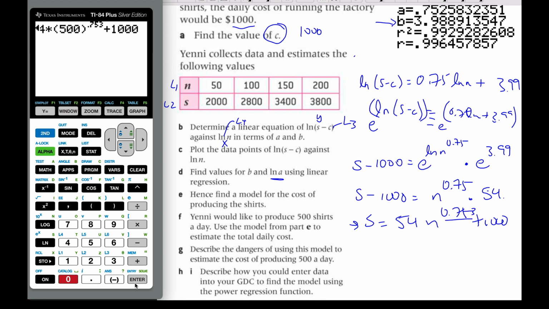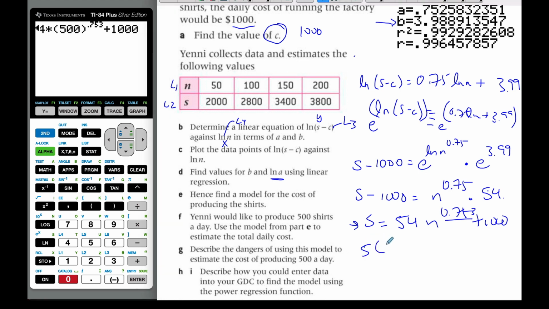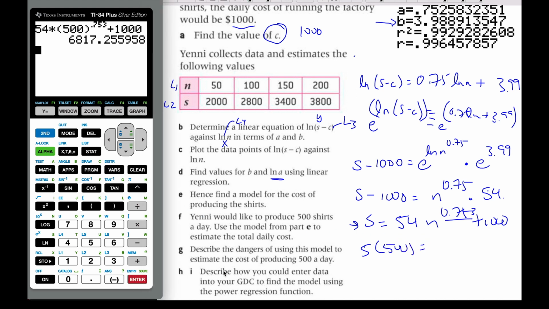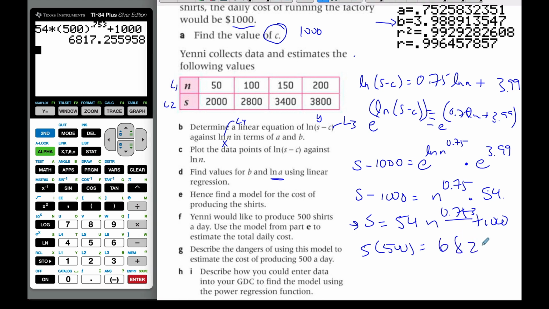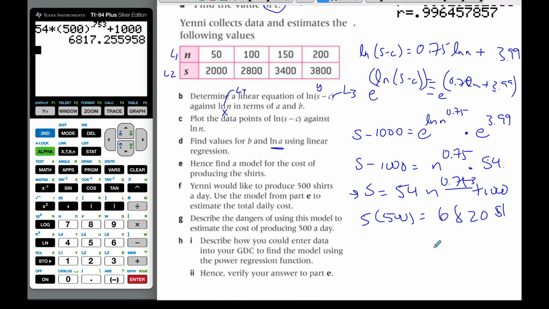Oh, let me start that again and try that one more time. That's going to be the cost of 500 shirts. So I have S at 500, and that will be 6,820 dollars to three significant figures.